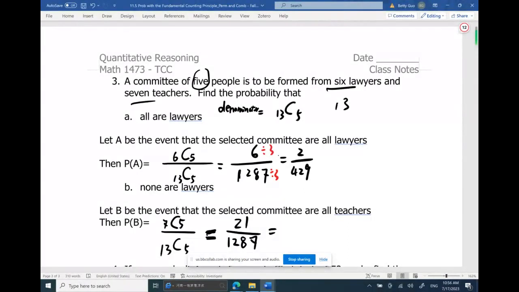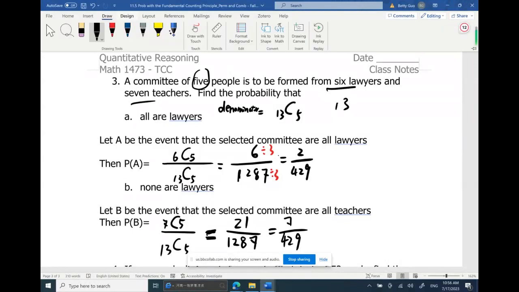Let me do it again. 21 divided by 1287. And Math, Fraction will give you the simplified fraction, which is 7 over 429. Okay, let me say that again. If you didn't watch videos and you do not know this trick, you might make a mistake when you simplify the fraction.